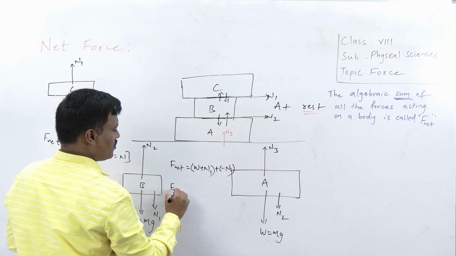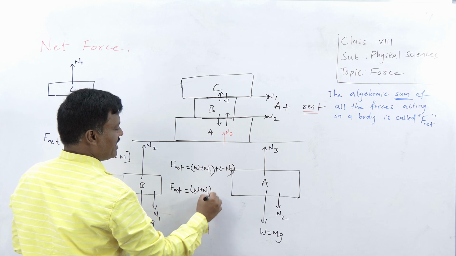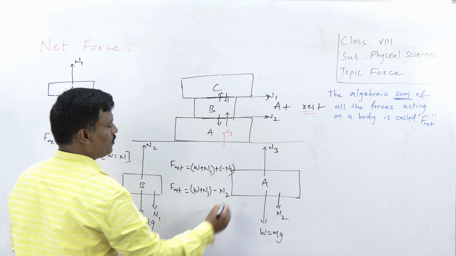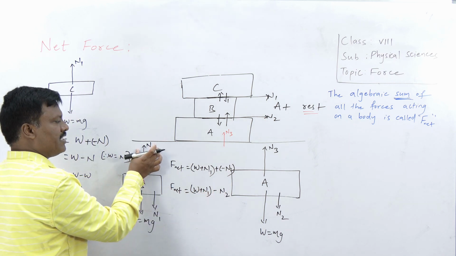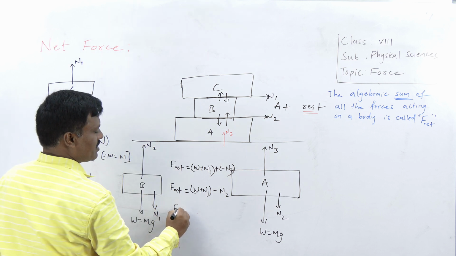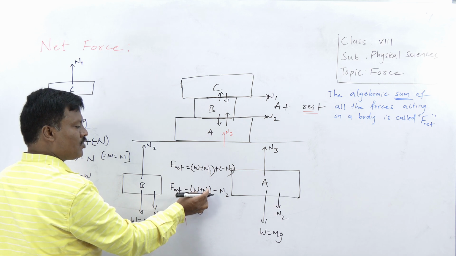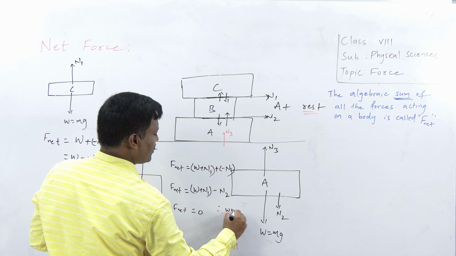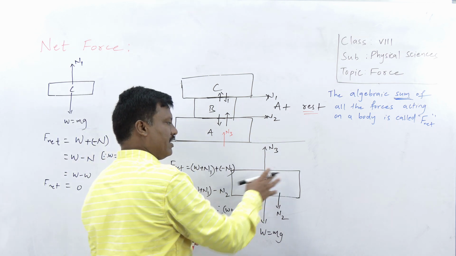So net force is equal to W plus N1 together, acting in one direction, plus into minus N2. These two forces are balanced by this one force. That is why the net force acting on it is 0, because the magnitude of these two forces is equal to the magnitude of N2. Since W plus N1 is equal to N2, the net force acting on them is 0.